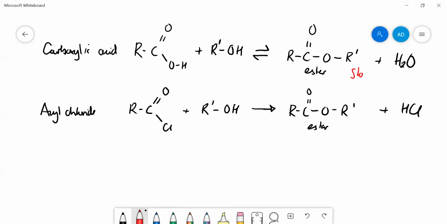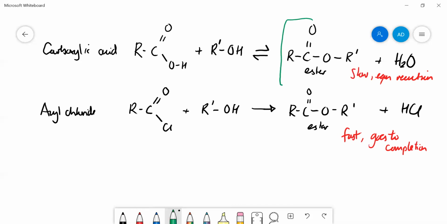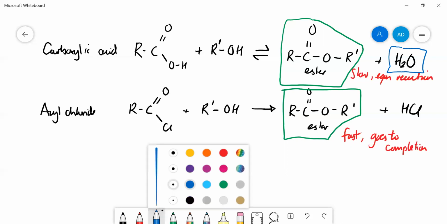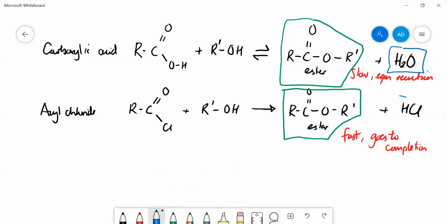Slow equilibrium reaction, whereas this one is fast. It goes to completion. So you get the same product, the same ester in each case. The only difference is you get a different small molecule eliminated here. You get water, and with this one you get HCl.